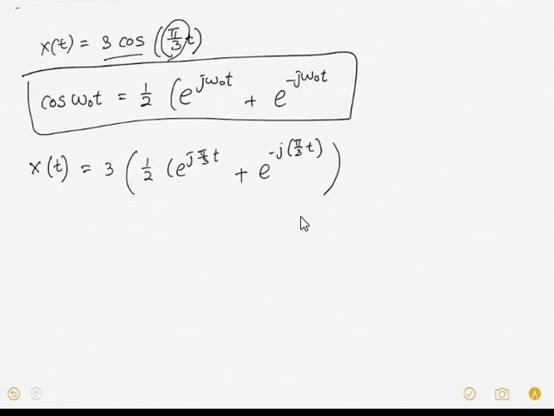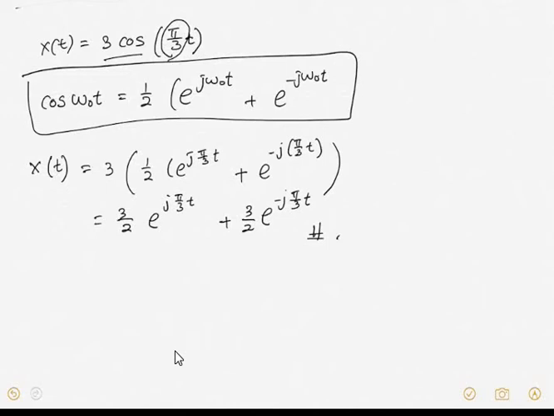Alright, so you will get 3 over 2 exponent j pi over 3 t plus 3 over 2 exponent minus j pi over 3 t. This is the expression for x(t).